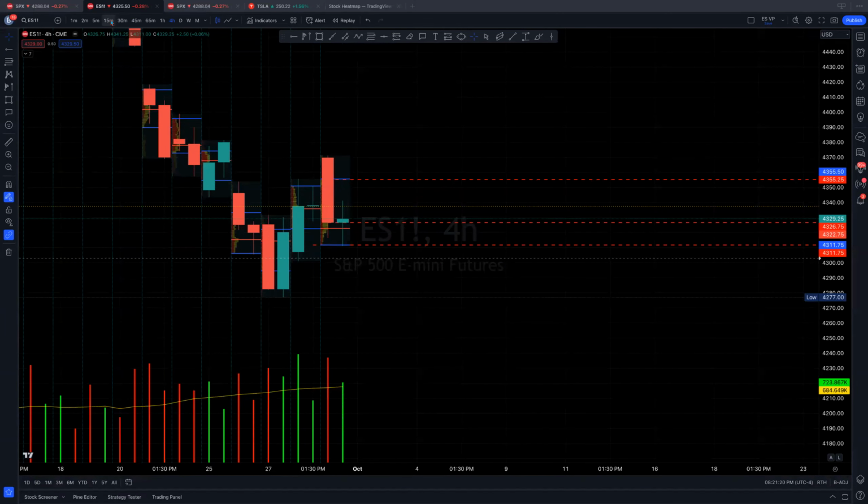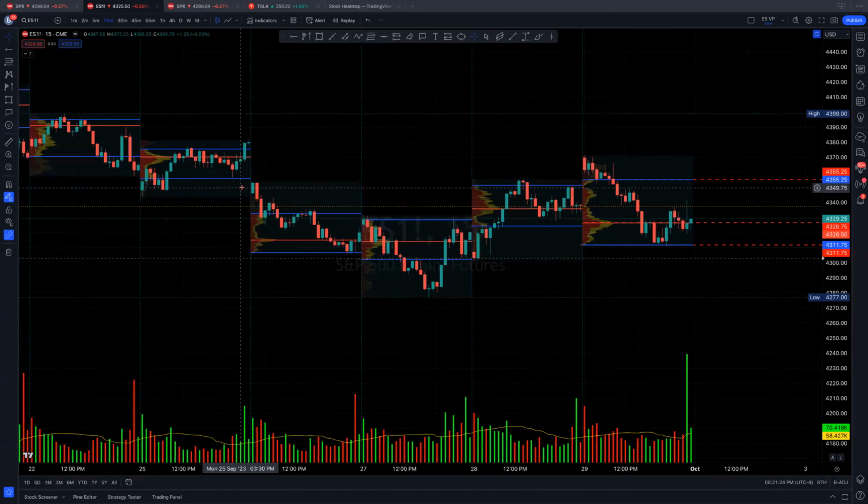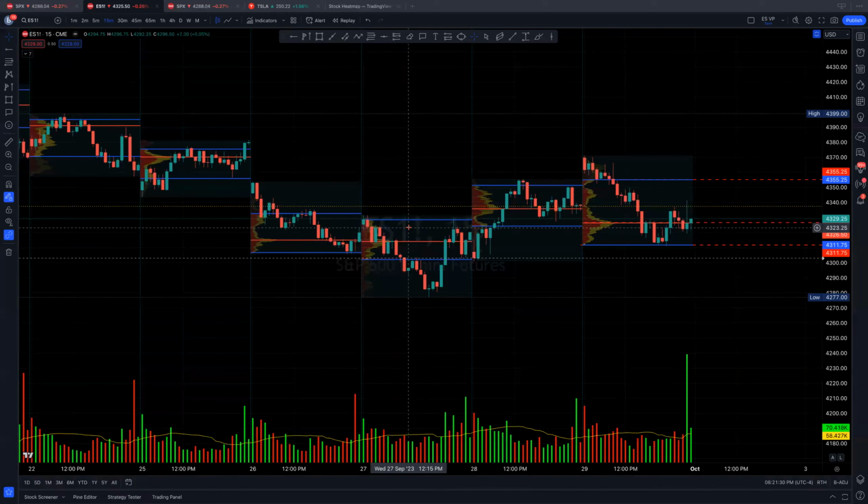So let's always keep in mind that if we go over the 15-minute time frame, we might see the volume profile change a bit. And as day traders or scalpers, we want the best precision when it comes to our entries, exits, levels, and all that.